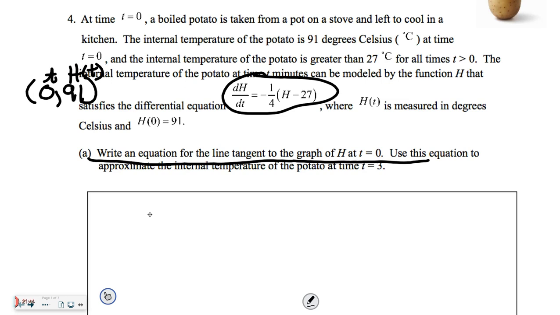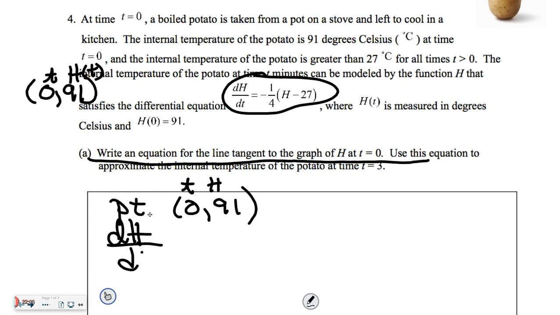What are they? Slope and point. Here's my point, and I would even write it down. Point is 0, 91. Make sure you understand this is t, and this is h. All right, what else do I need besides the point? The slope at that point. Okay, so I need dh/dt at (0, 91).